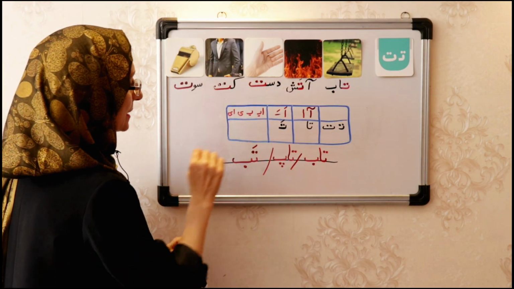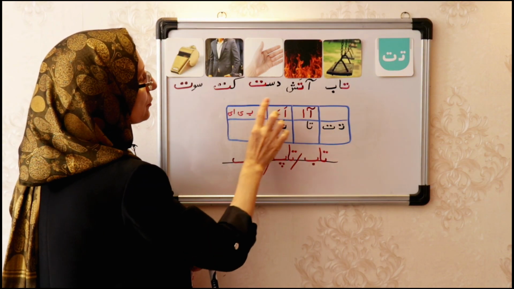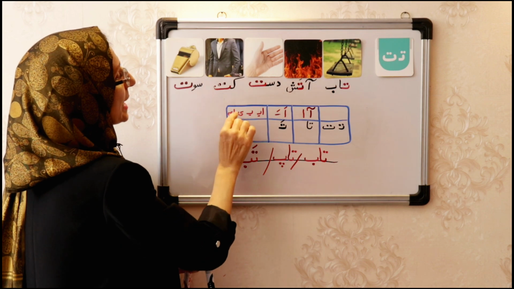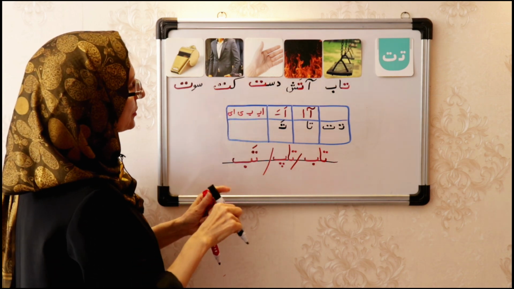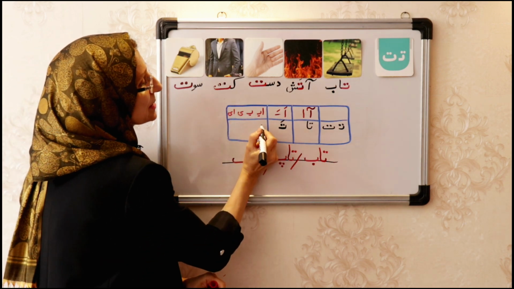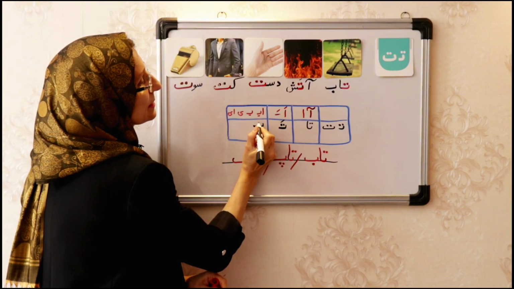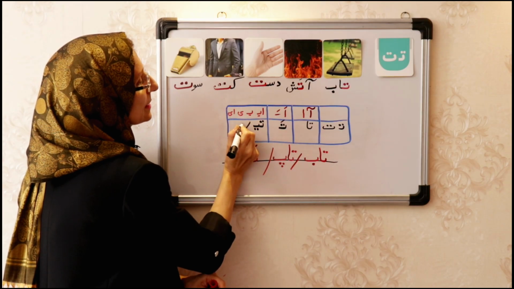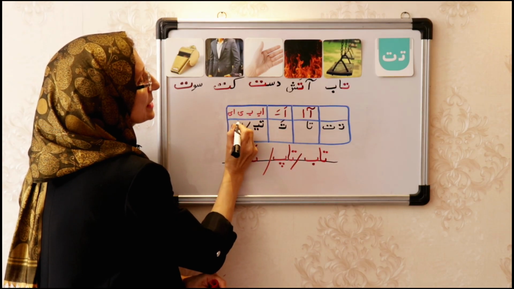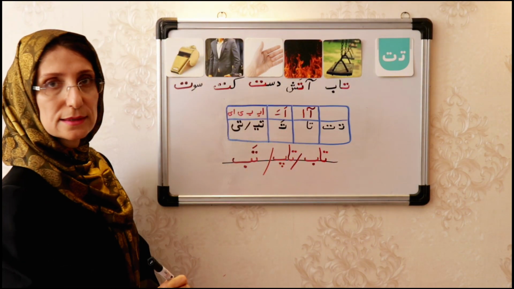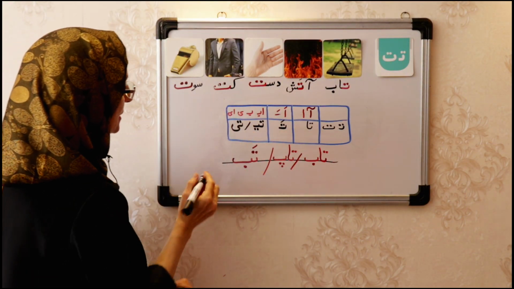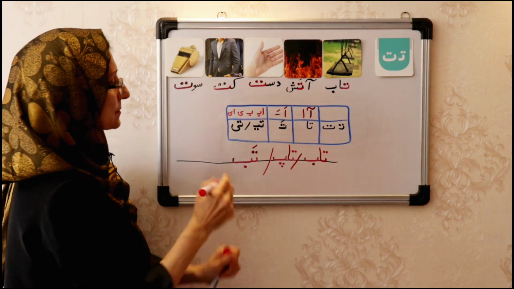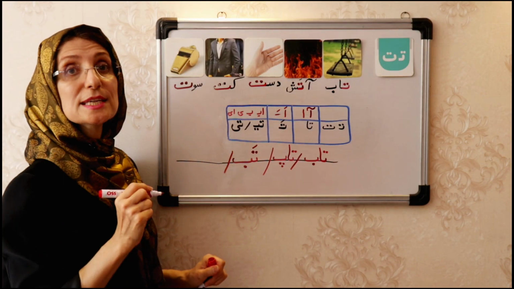Tab. And if we connect T to E, this T can only be connected to E vasat and E آخر. Look at how I connect and write T, like tip.